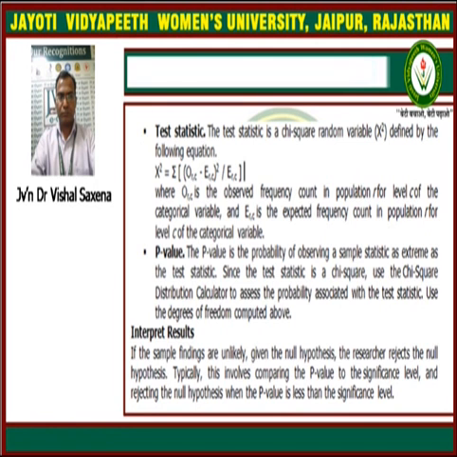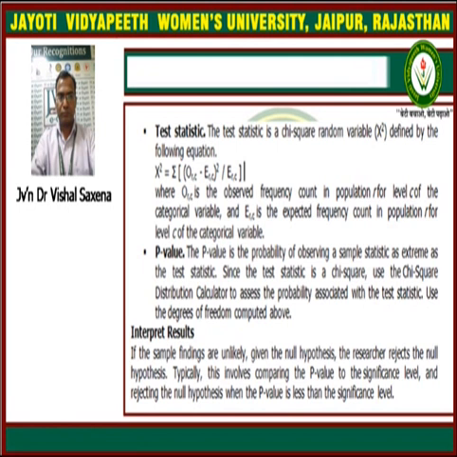The p-value is the probability of observing a sample statistic as extreme as the test statistic. Since the test statistic is a chi-square, use a chi-square distribution calculator to assess the probability associated with the test statistic, using the degree of freedom computed above.